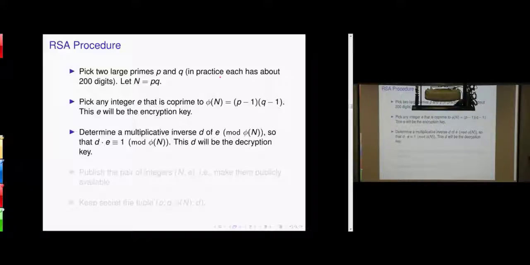So these three steps were done by me. I choose two large prime numbers, p and q. I multiply them together, then I choose an e which is co-prime to phi n, and then I solve this equation using the Euclidean algorithm or whatever method. I get d. Now I publish the pair n and e.